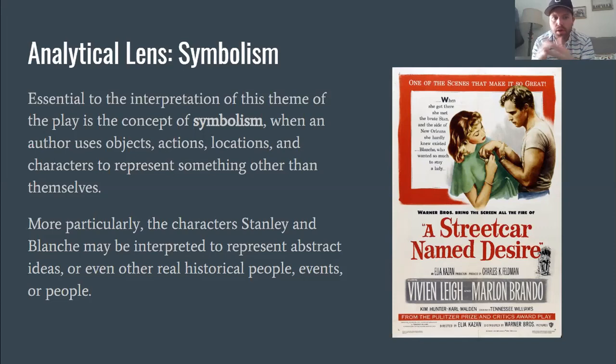And that's really just when an author uses an object, an action, a location, and in this case, a character, to represent something other than that character themselves. More particularly, you have Stanley and Blanche, who stand in opposition to each other. Stanley represents reality, and Blanche represents fantasy or fiction.